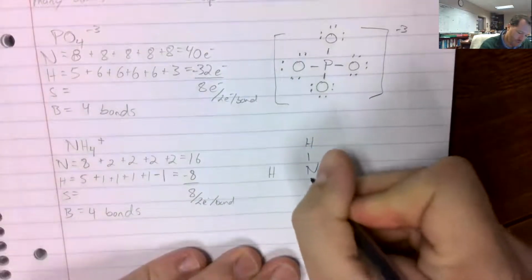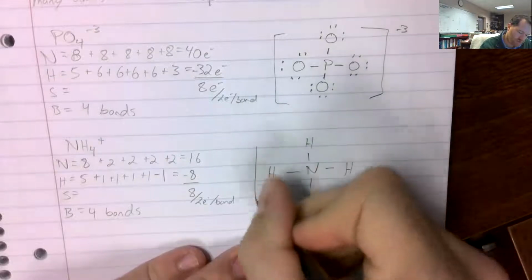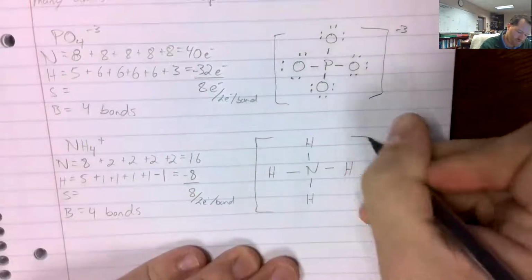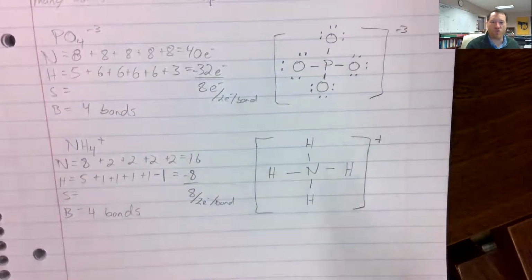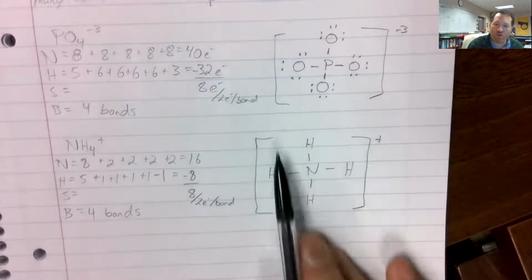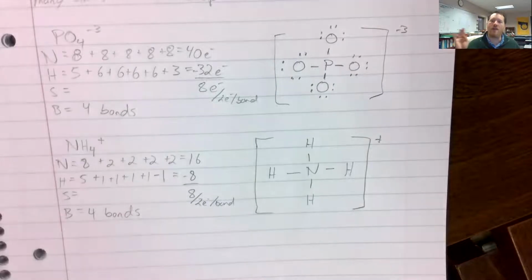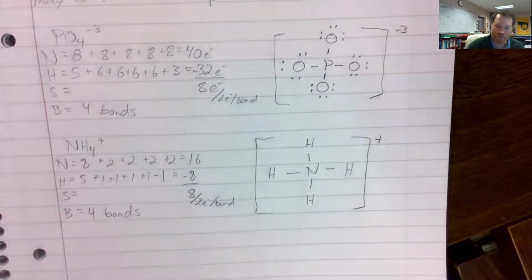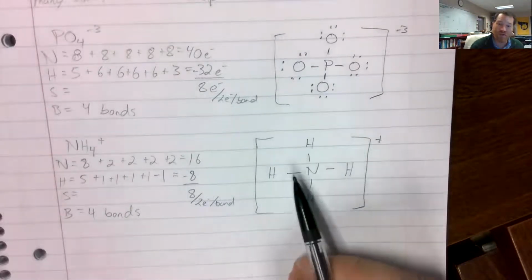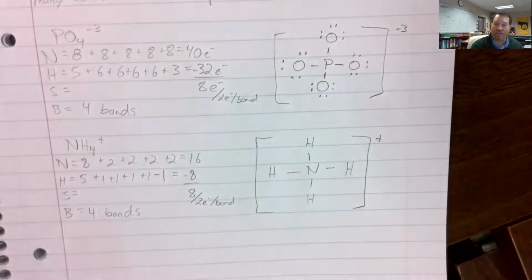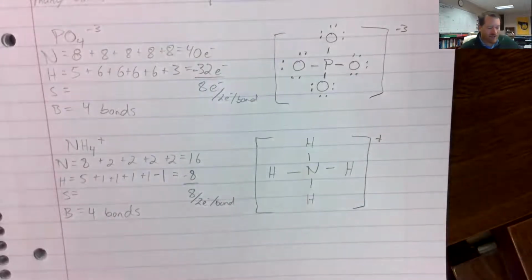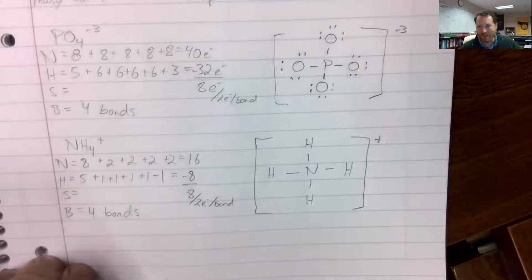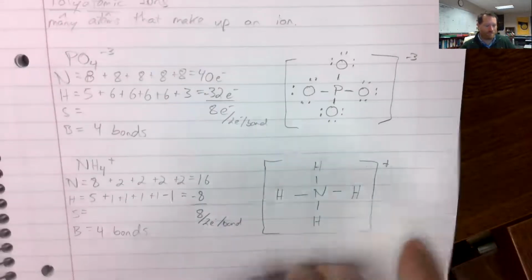It means 1 bond to each. Draw the brackets, put the charge, do not put any lone pairs on these hydrogens. Hydrogens should never, ever get lone pairs. The bond that they make, that's the 2 electrons. They're satisfied. They're happy. They've got their 2 electrons. Nitrogen in the middle here, he's got his 8 electrons. There we go. We're in good shape.